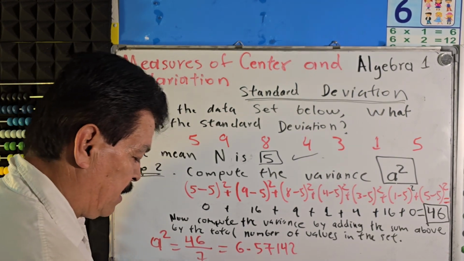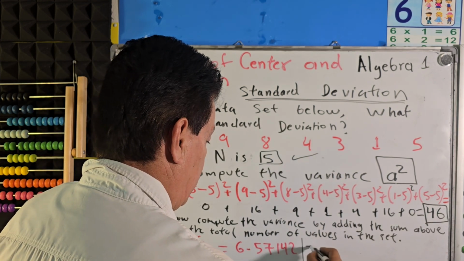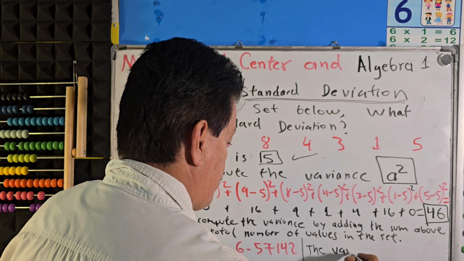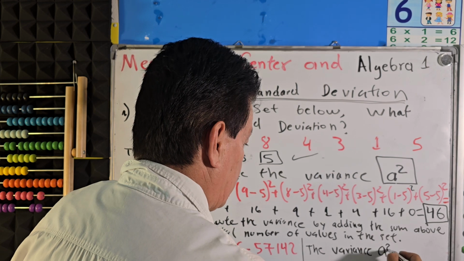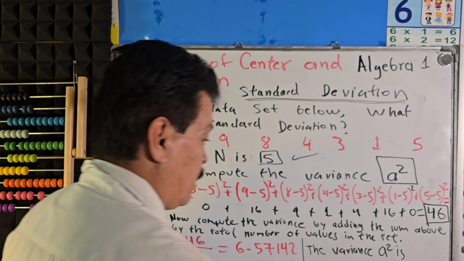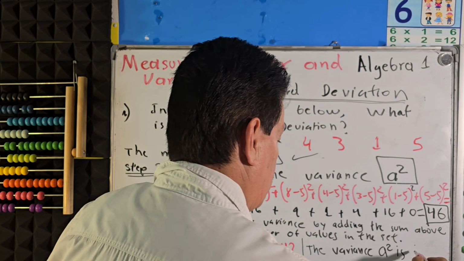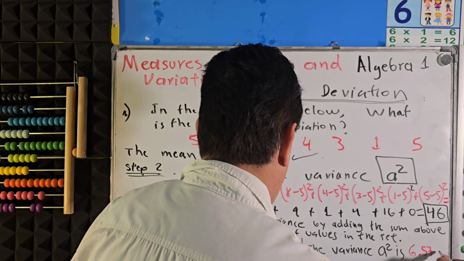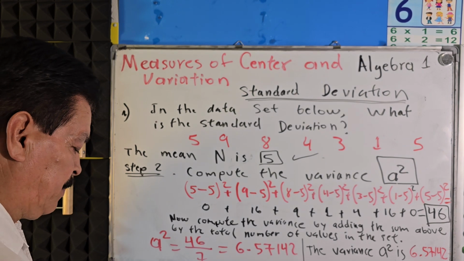So the variance, a square, is 6.57142. All right, we are there.